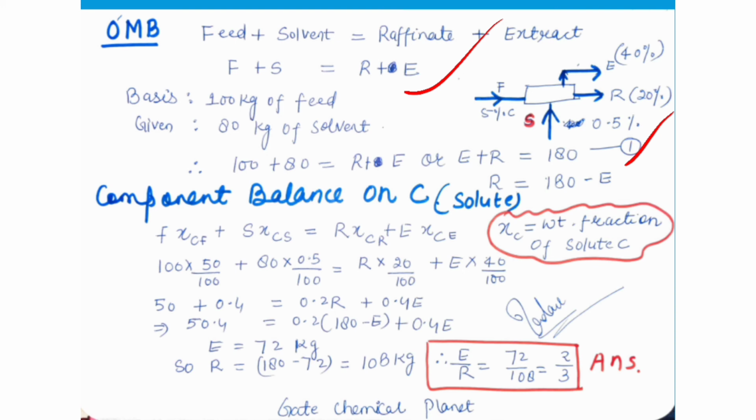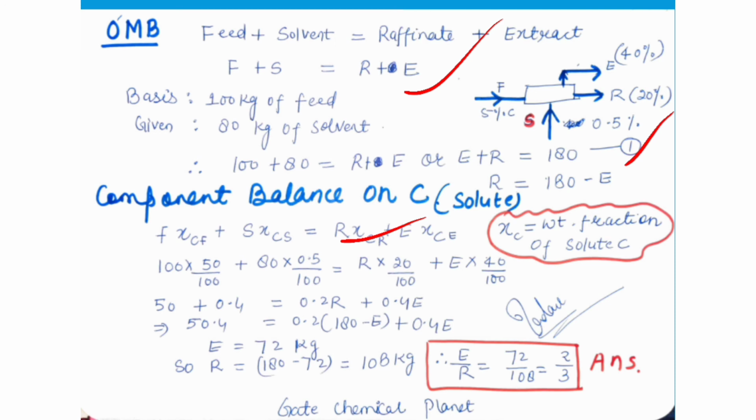Now we apply the component balance on C, because the information about the solute C is given in the question. Here XC is the weight fraction of solute C: XCF in the feed, XCS in the solvent, XCR in the raffinate phase, and XCE in the extract phase.